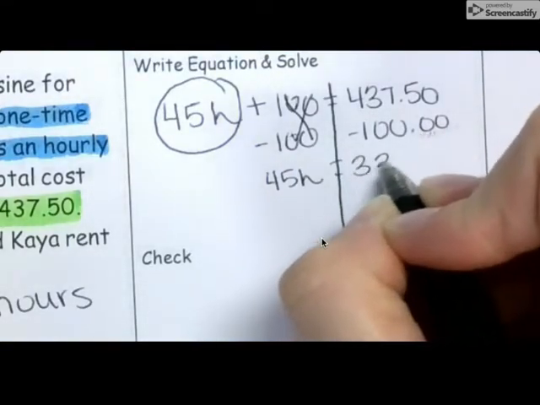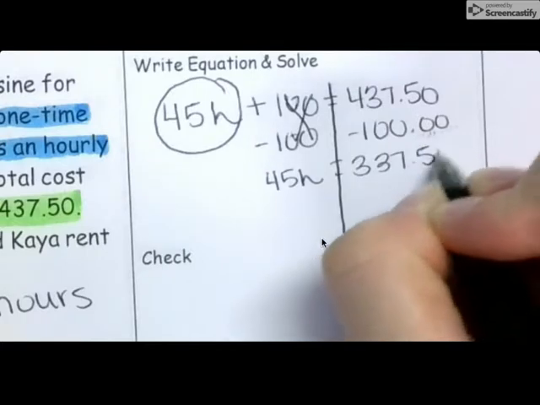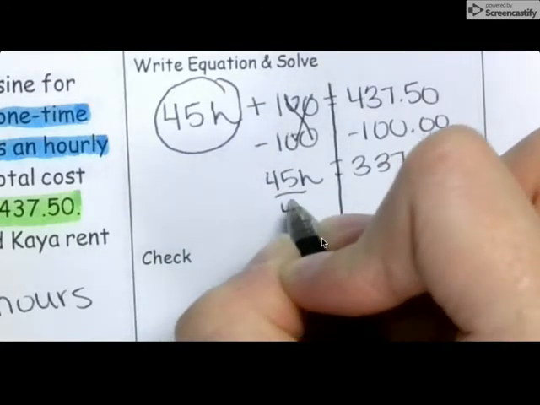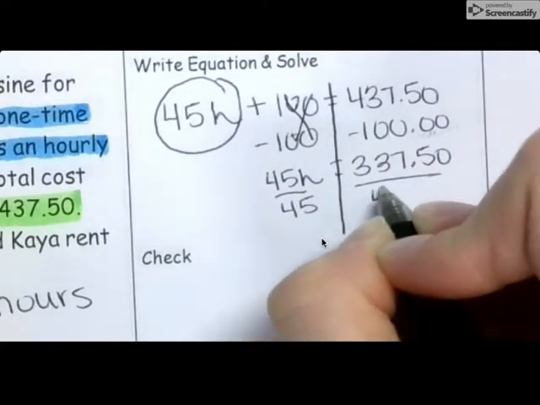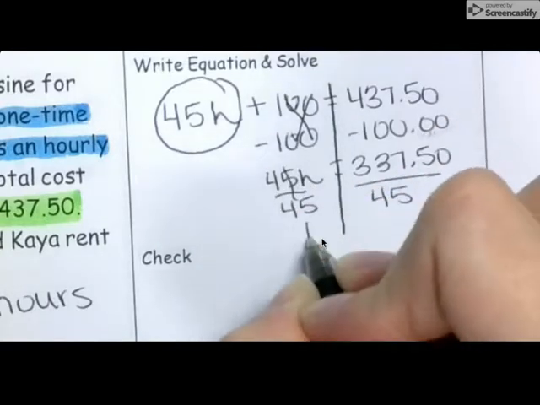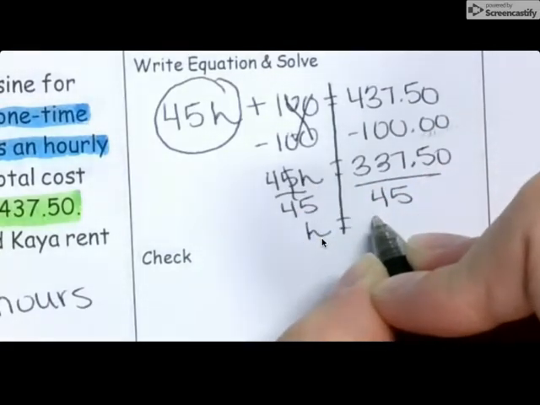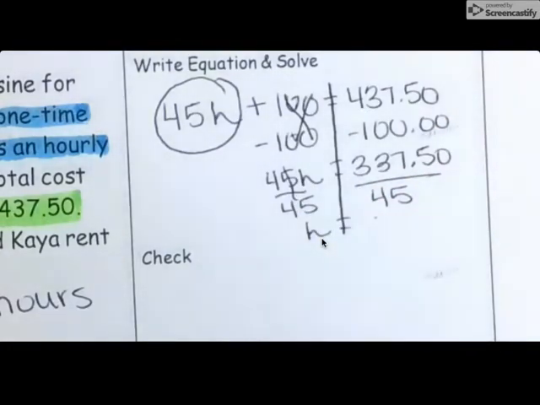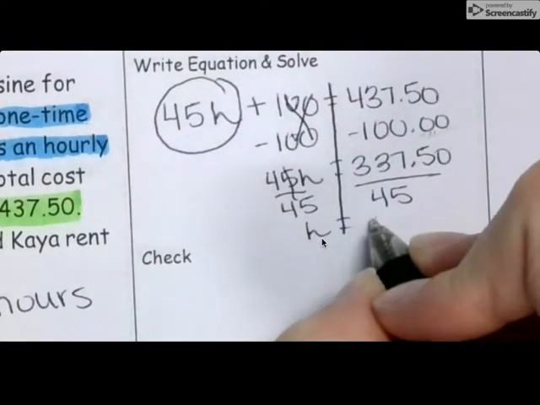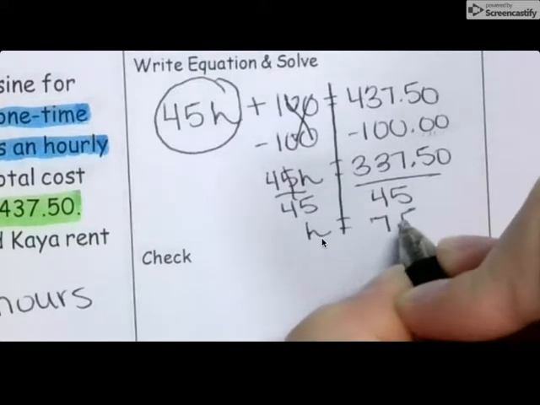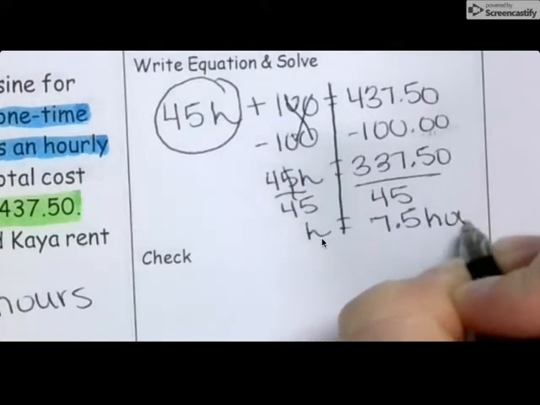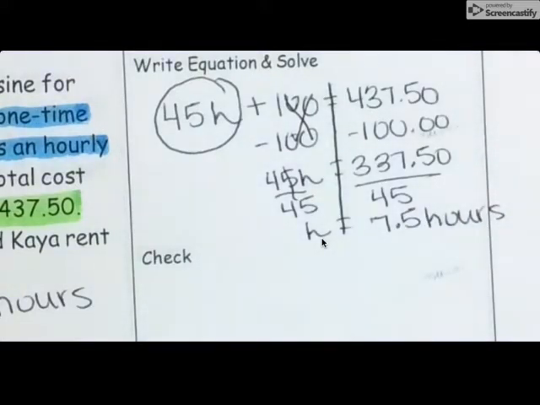That gives me $337.50 left over, divided by 45. And H equals 7.5 hours.